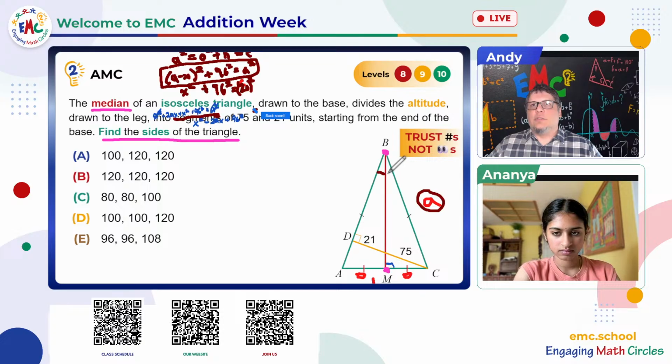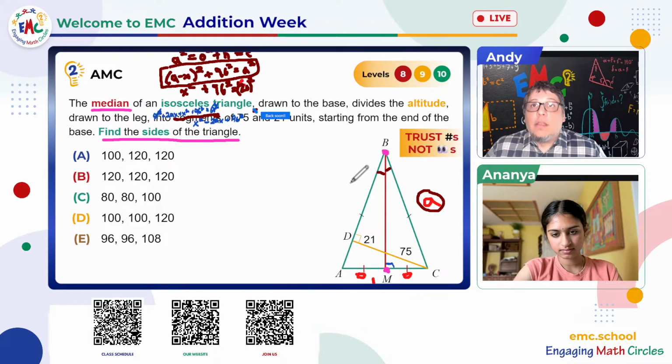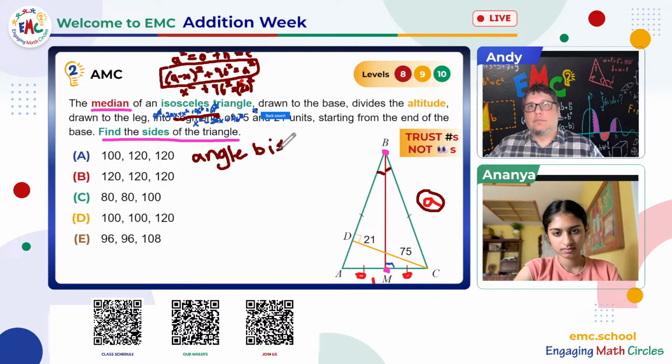What did I just do? I bisected them. Excellent. When I have bisected that angle, there's a theorem called the angle bisector theorem. If you haven't heard of it, you'll learn it in geometry next year.